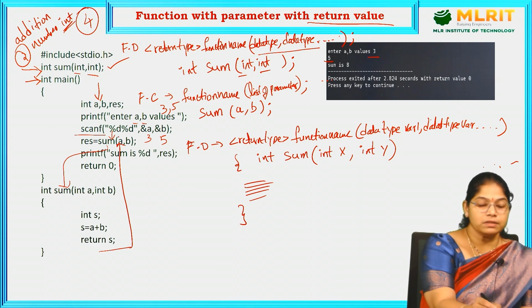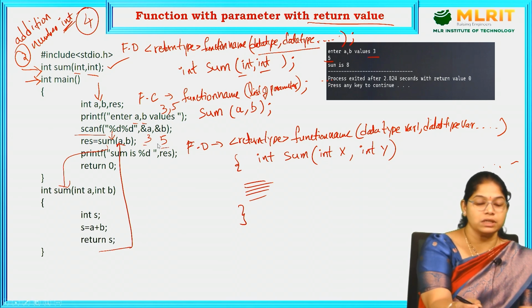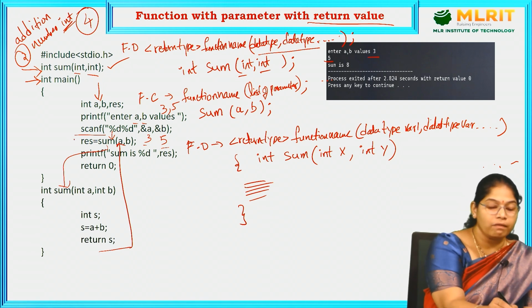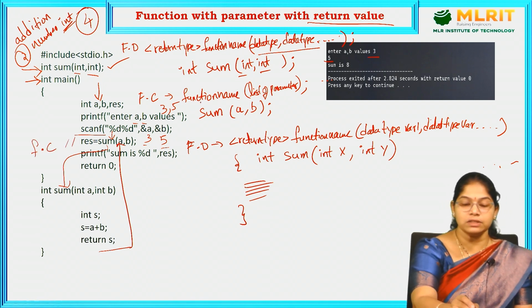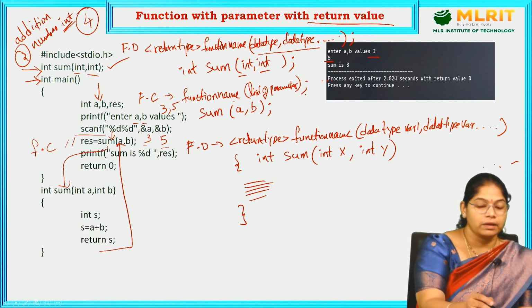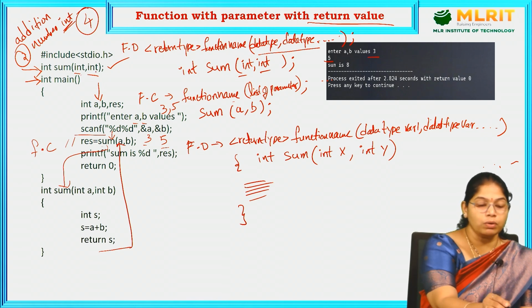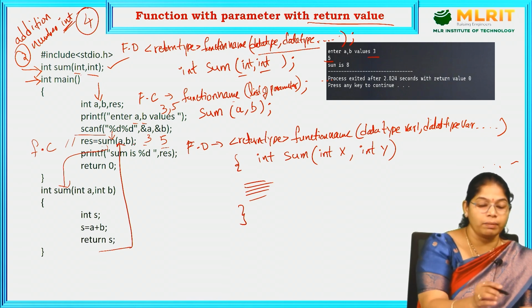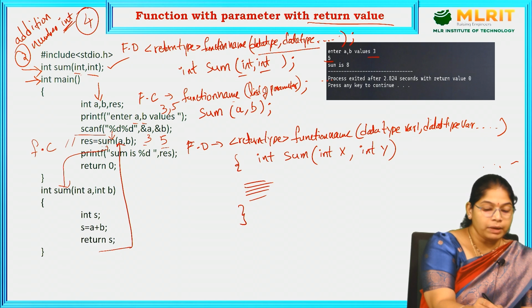So after reading the values, in the sequence we have result is equal to sum A comma B, where this is the function call. Function call syntax is just a function name, and if you have any list of parameters, we pass them. Then the function name is sum. Here we have two arguments, those are A comma B. Then immediately the control goes to the function definition.